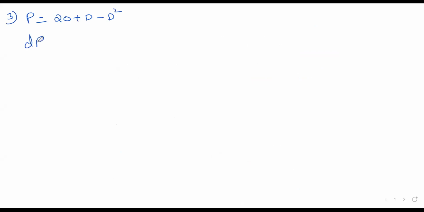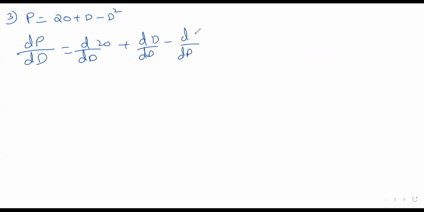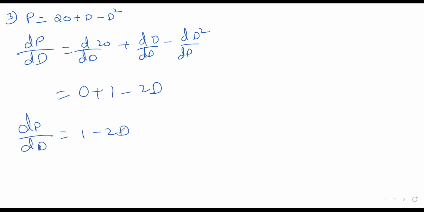So we actually want to find dP by dD. So we will differentiate this. d of 20 plus dD of D minus d of D square. This is 0 plus 1 minus 2D. So dP upon dD is 1 minus 2D.